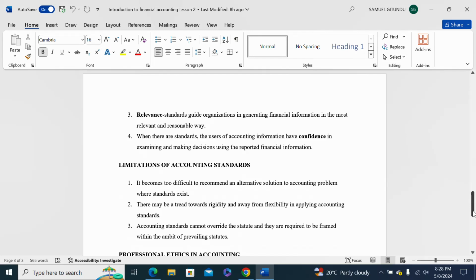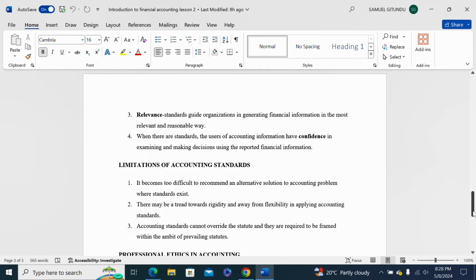And you find that sometimes, as research goes on in the accounting field, there's a need to change some of the ways that transactions are treated. But due to the existence of the accounting standard, you cannot change the way a transaction is usually treated, because an accounting standard exists and prescribes how to treat that transaction.